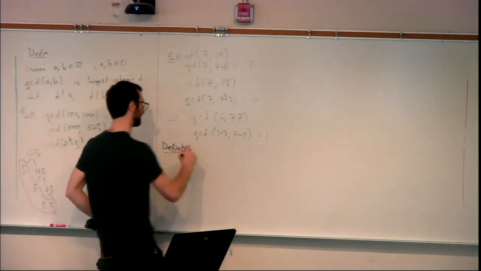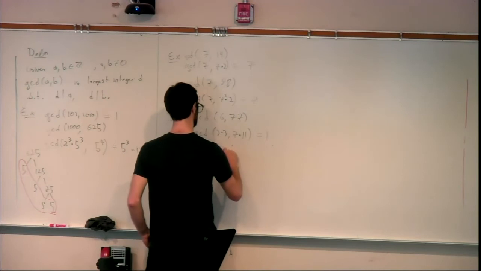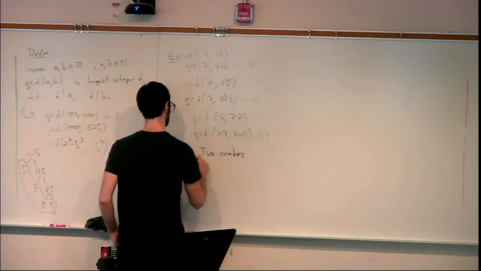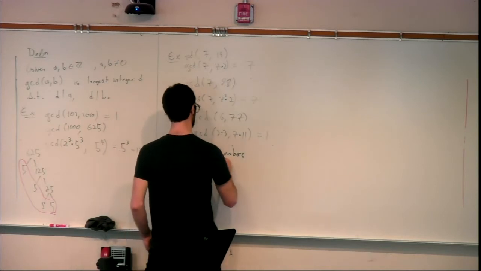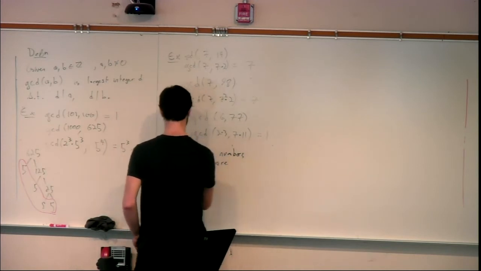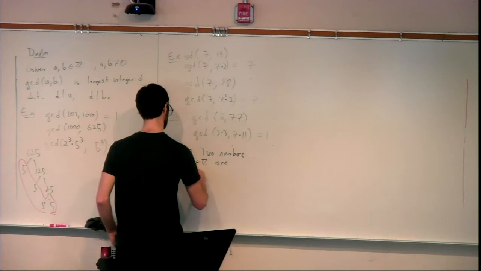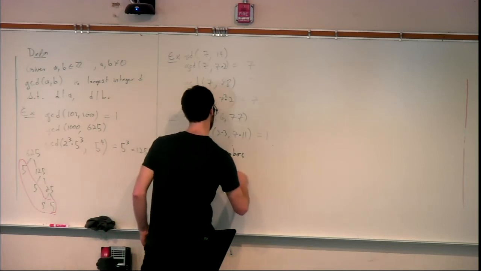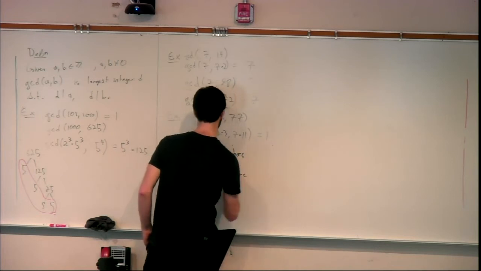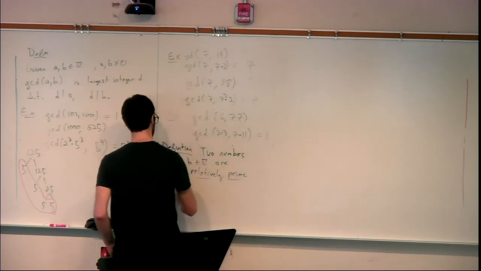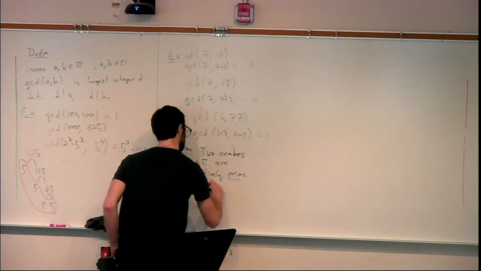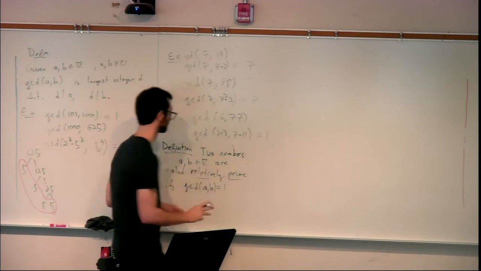Two numbers A and B in Z are called relatively prime if their GCD of A and B is equal to 1.